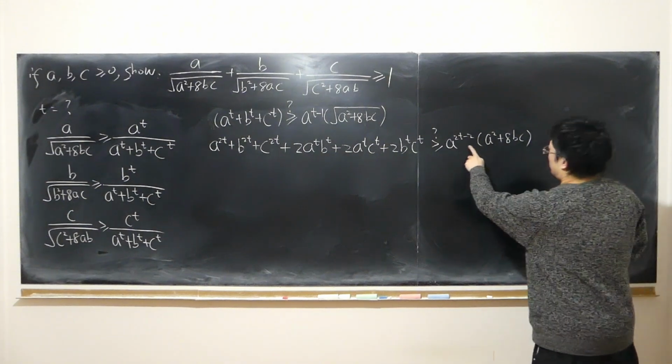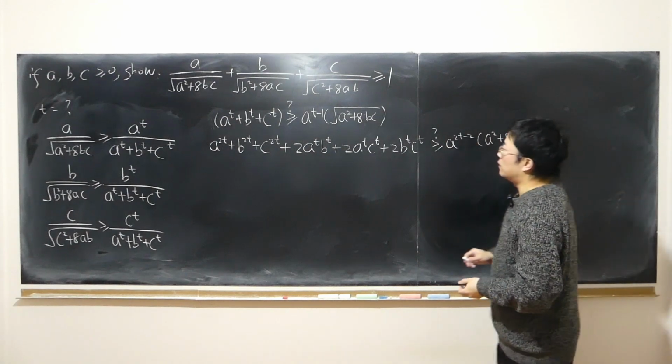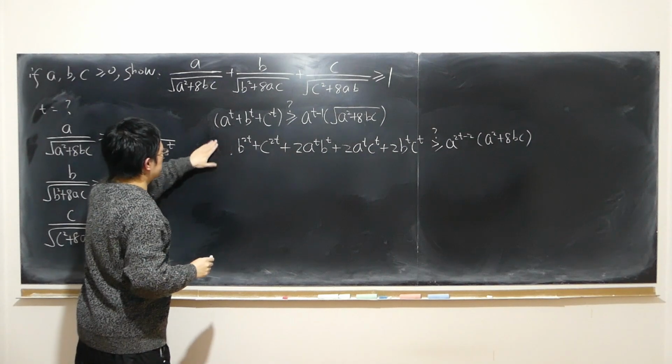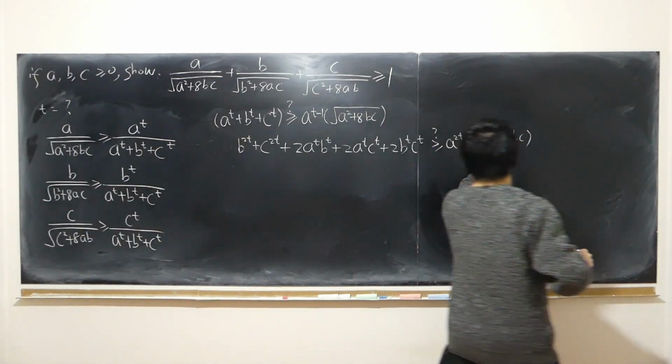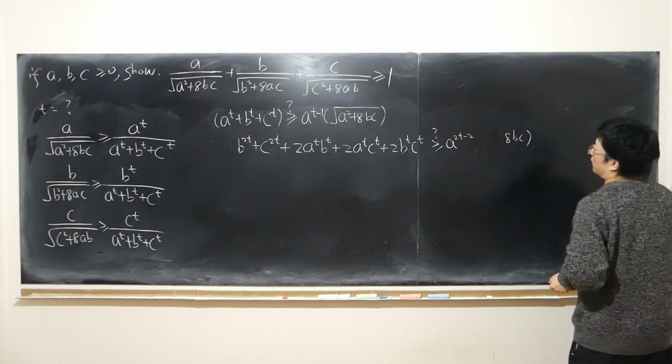So when you multiply this, a to the 2t minus 2 plus 2, you have a to the power of 2t, same as this one. So we can simply cancel this one now, and what we're left with is just this multiplied by that.